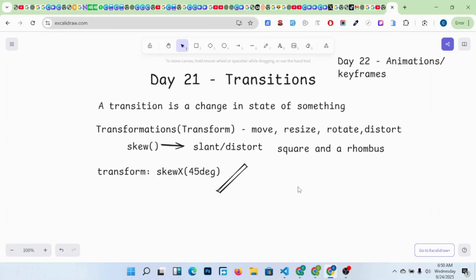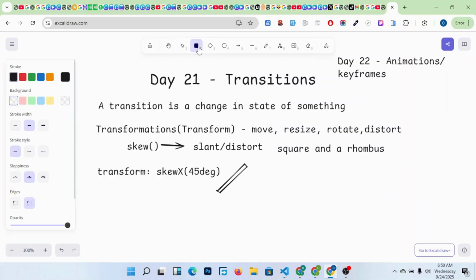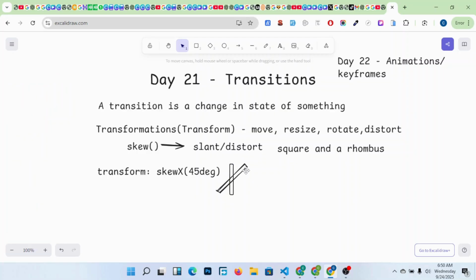It will change its shape and do something like this. From the straight shape which it had, it now changes and does something like this.